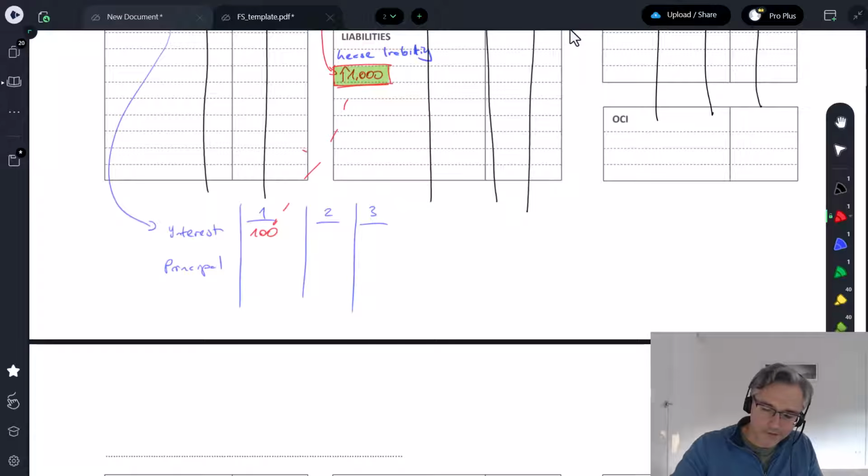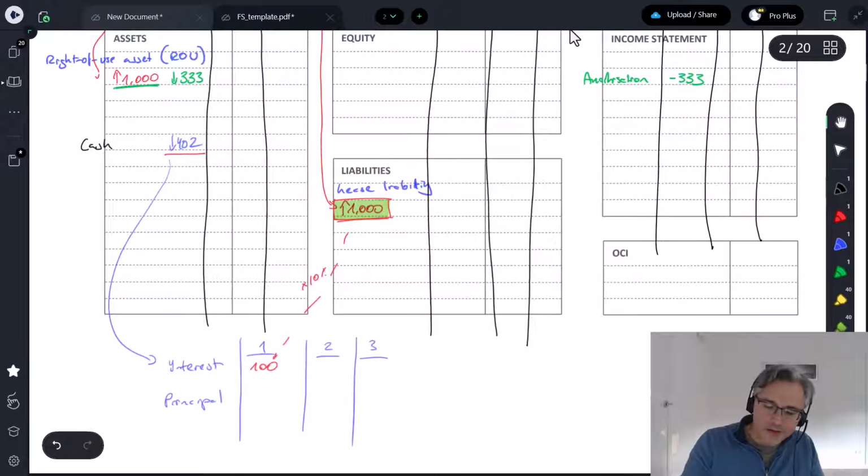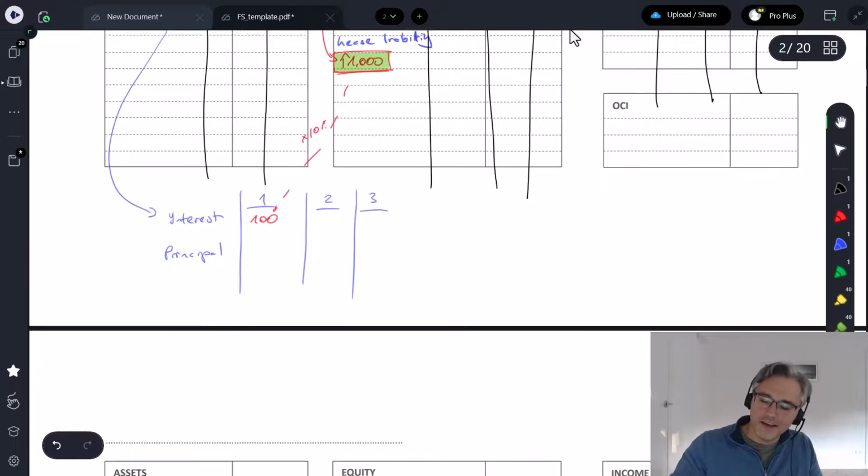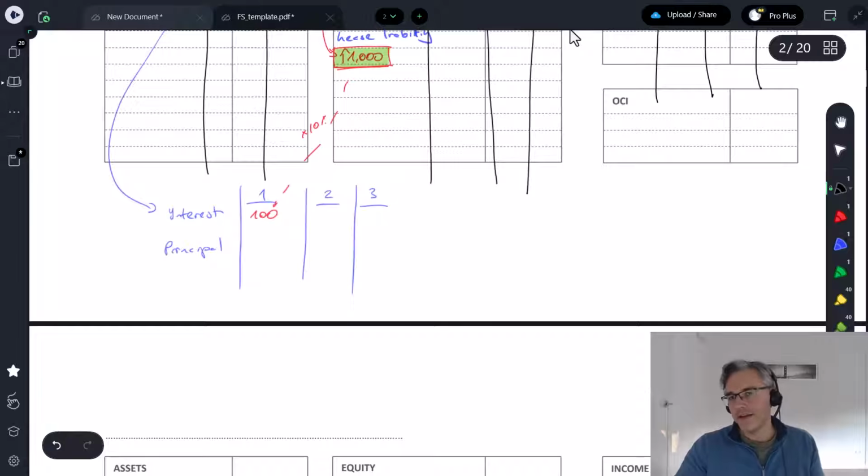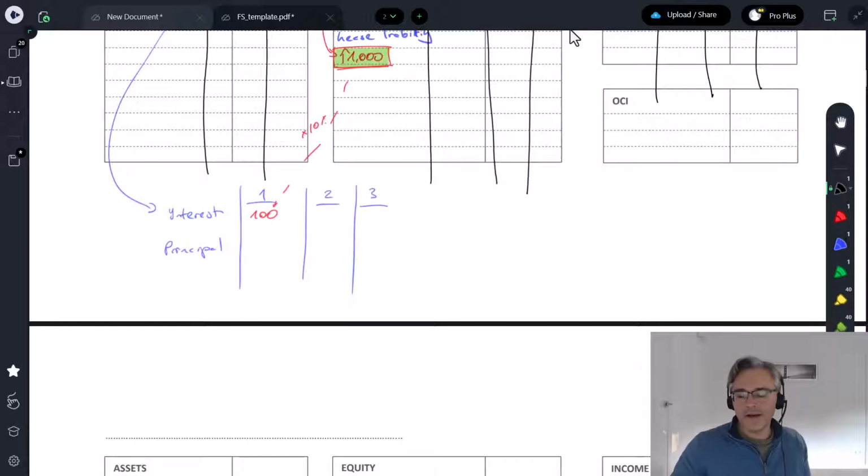So imagine that interest for the first year had grown at 10% of this 1,000. Well, it would have grown to 100. That's 10% of 1,000, right? That's from here. And if you're now making an end-of-year payment of cash, if this were indeed a payment on a loan, it would include an element of interest and an element of principal or capital repayment.